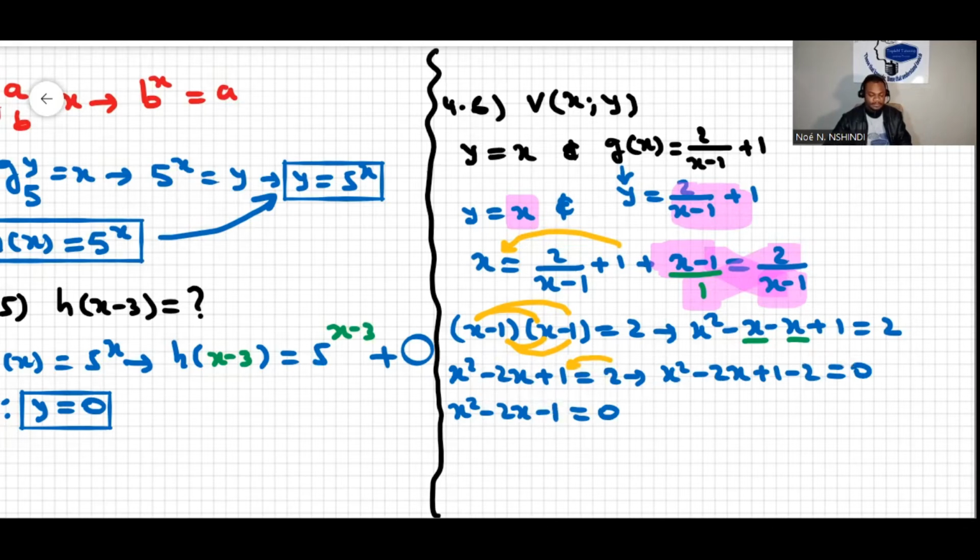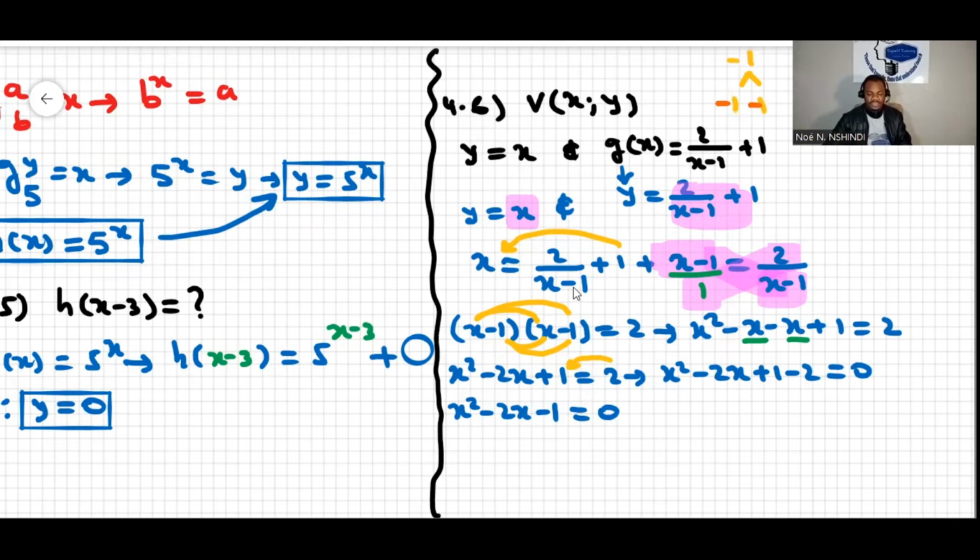If we have negative 1 there, what are the factors of 1? Just 1 and 1. Can we get a negative 2? If you told me that we can make negative 2 with negative 1 and negative 1, yes, negative 1 minus 1 makes negative 2, that's true, but negative 1 times negative 1 makes positive 1, and there we have a negative 1, so it cannot really work.